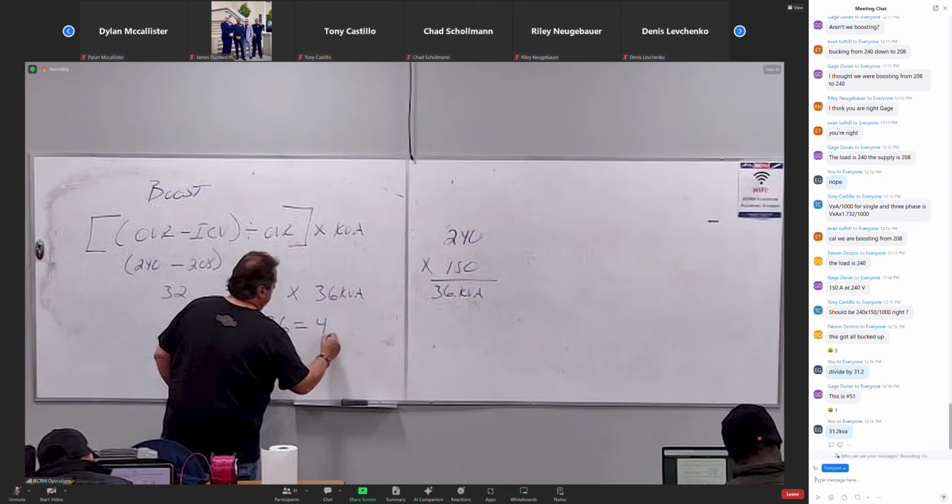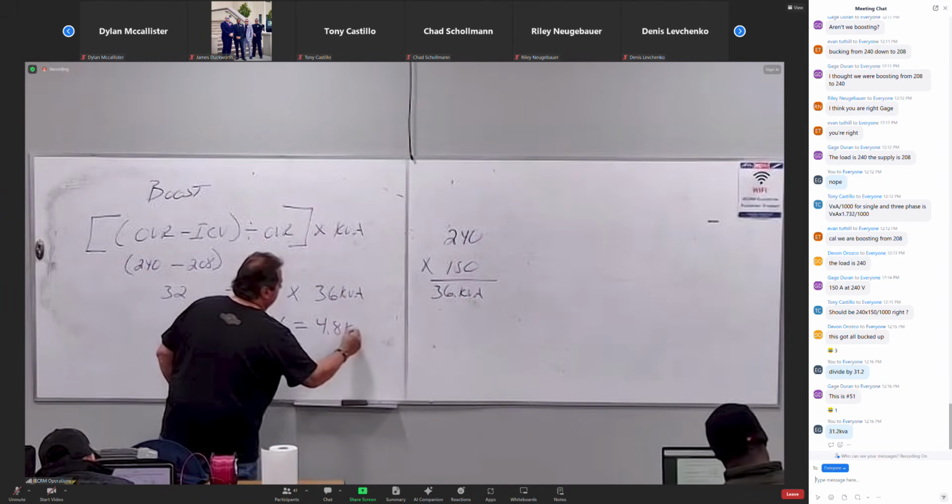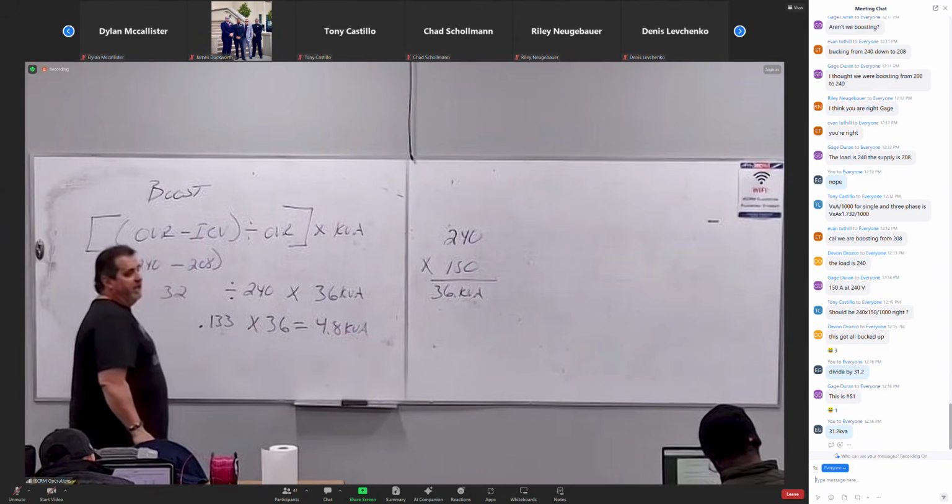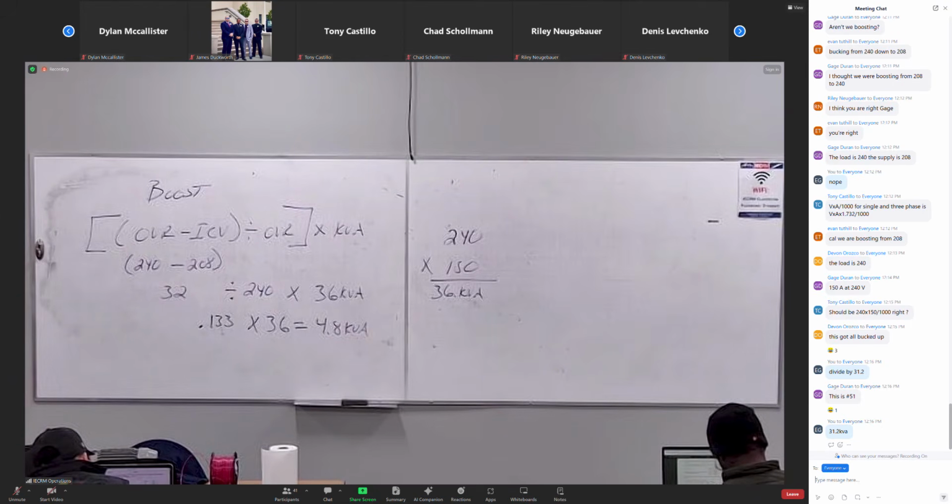Or sorry, 4,800. 4.8 KVA? Yeah. So we would need a 5 KVA transformer. We did 1.333 times 36. Yep, I got 47.988. Yeah, close enough to 4.8 KVA. So what size transformer would be big enough to work for that?